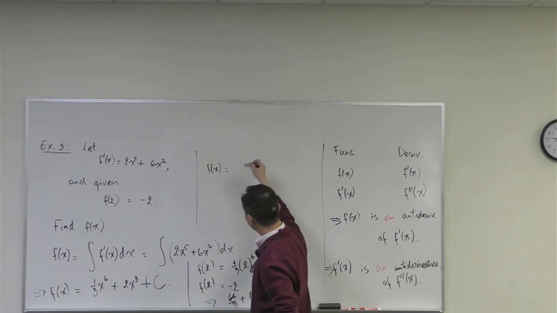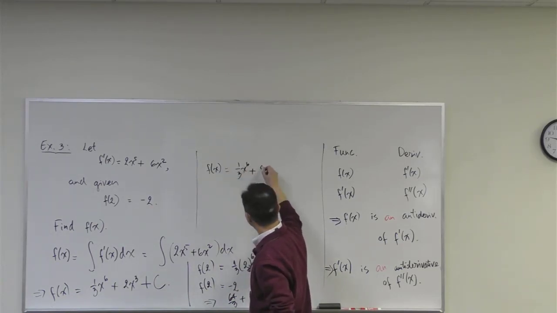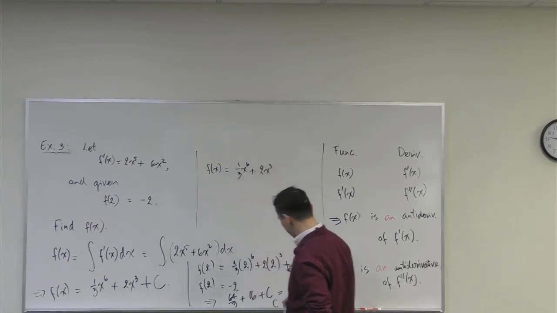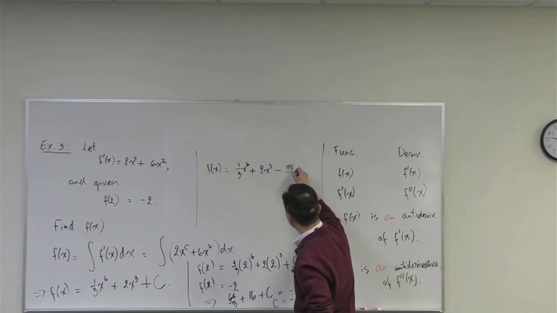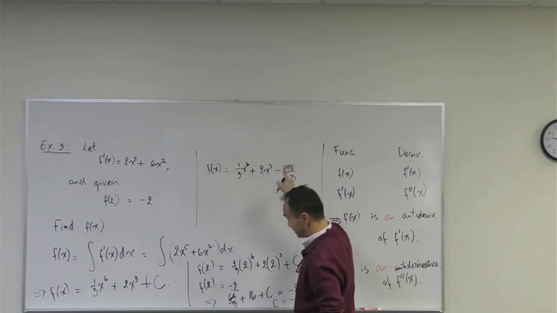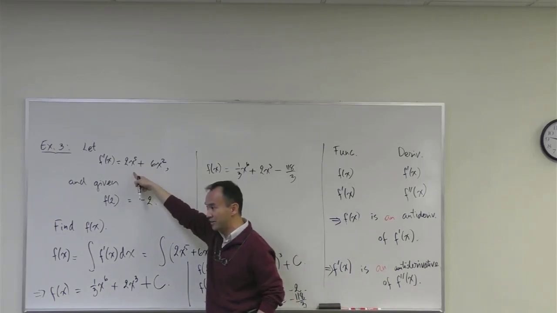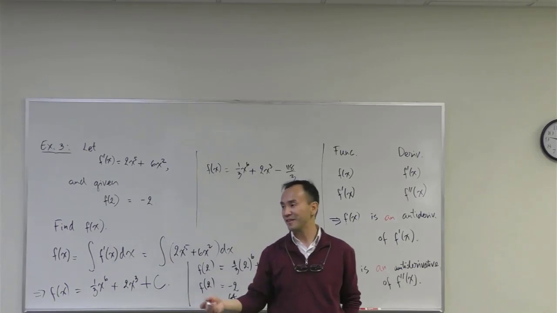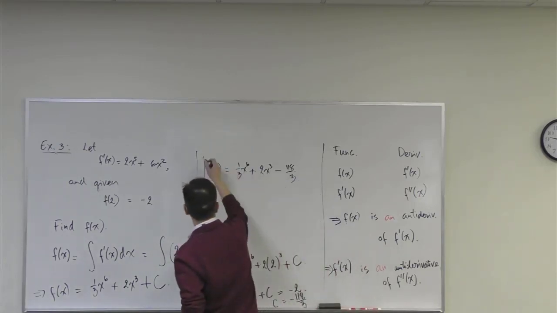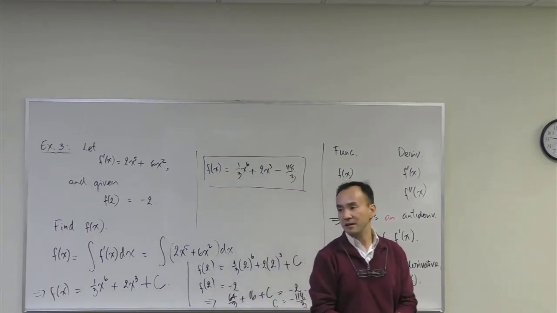So what did I find for my antiderivative? 1/3 x to the 6 plus 2x cubed, and then with that c we have now found, it's minus 118 over 3. So this is the function having this derivative, and that function itself satisfies this requirement. Okay. So this is where we have found our final answer right there.